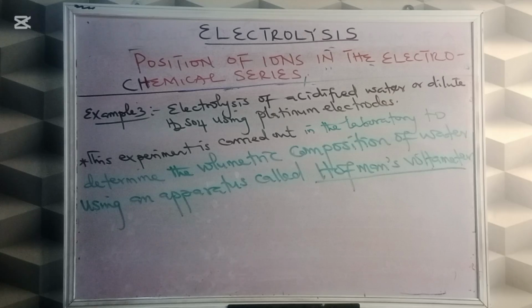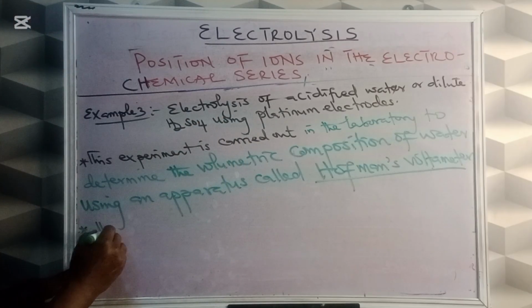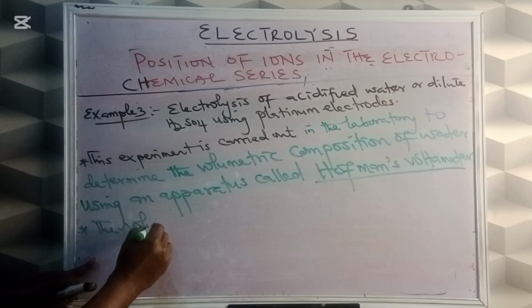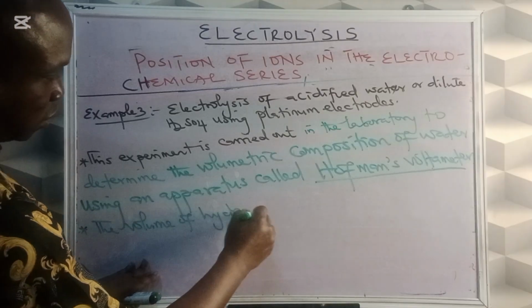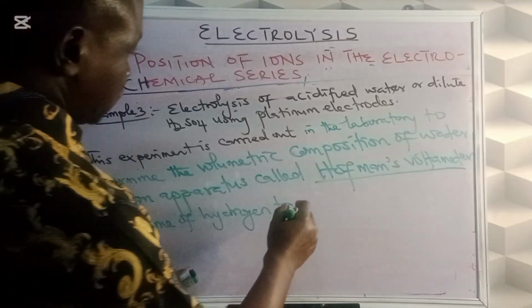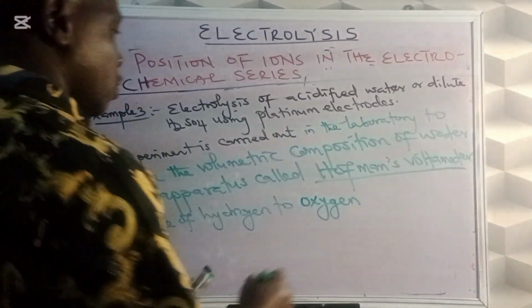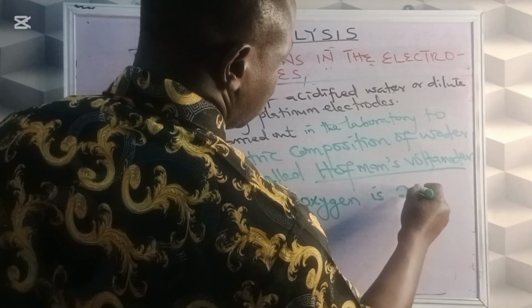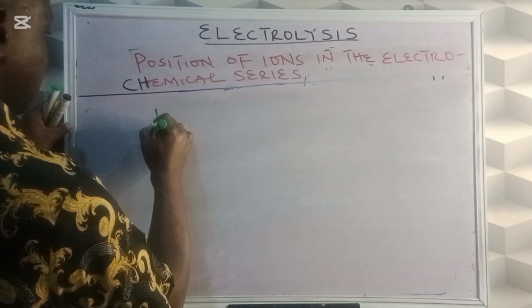We are going to look at the diagram of Hoffman's voltameter, and from the experiment we discovered that the volume of hydrogen to oxygen gas is 2:1. Please always take note of that.